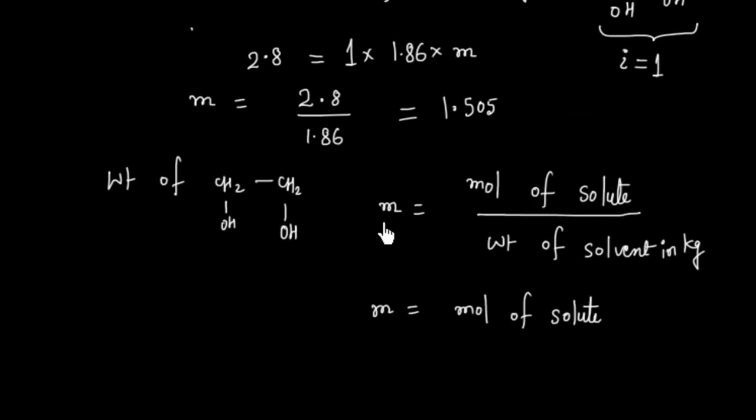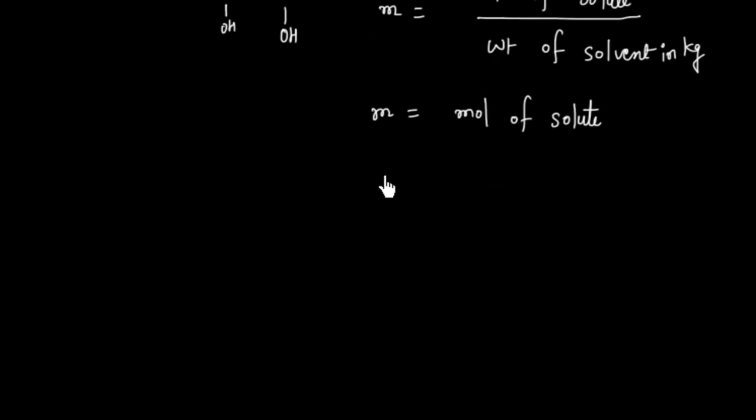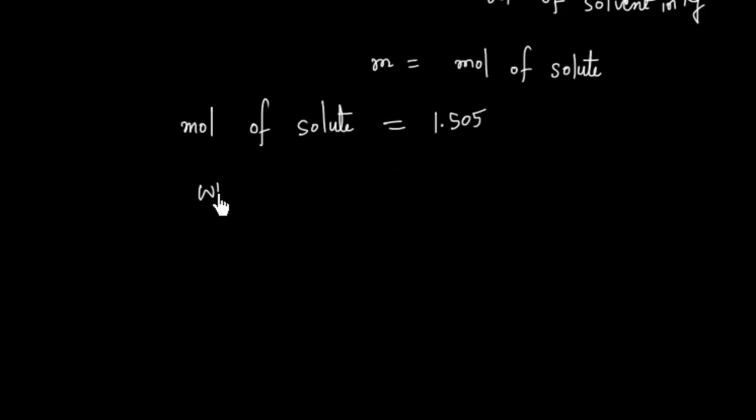So moles of solute equals molality, 1.505. Corresponding to this we can find the weight of solute, that is ethylene glycol. In this case ethylene glycol is the solute. So this is multiplied by molecular weight, which we can calculate.